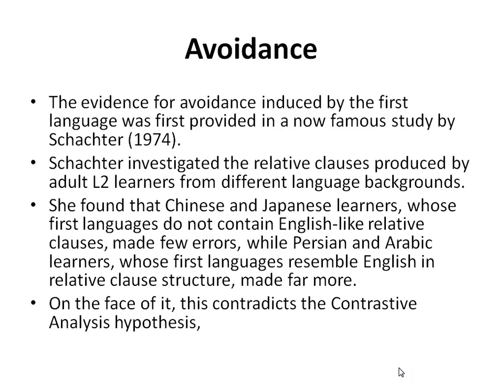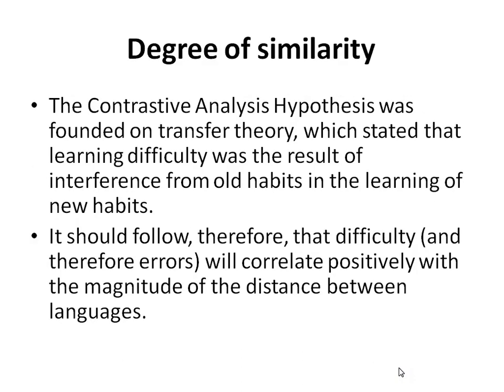He said that, looking at relative clauses produced by adult L2 learners from different language backgrounds, she found that Chinese and Japanese learners, whose first languages do not contain English-like relative clauses, made few errors, while Persian and Arabic learners, whose first language resembles English in its relative clause structure, made far more. That means if there is a similarity, mistakes will be made. If there is no similarity, mistakes will not be made.